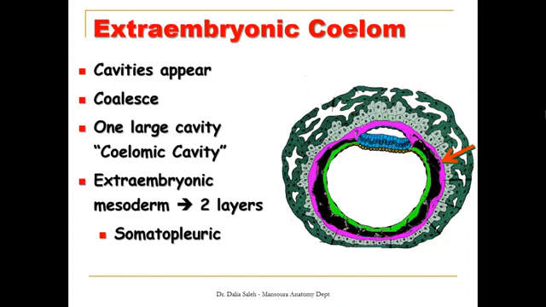Outer layer is called the somatopleuric layer. It will line the cytotrophoblast, and inner layer that will cover the yolk sac is called the splanchnopleuric layer. And now the primary yolk sac with its covering of the splanchnopleuric layer is called the secondary yolk sac.